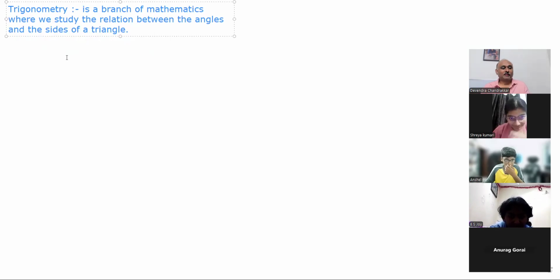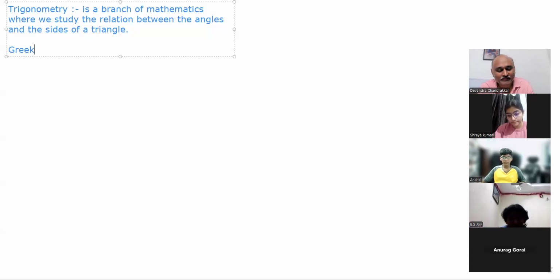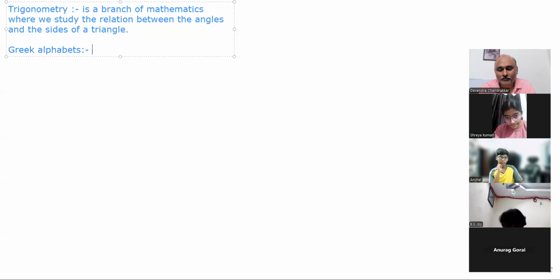ठीक है. So before moving any further in this chapter, I am introducing you to these Greek symbols, Greek alphabets, in fact. What are Greek alphabets? Obviously, they are alphabets of the Greek language. We will be using them as symbols while learning trigonometry. ठीक है?